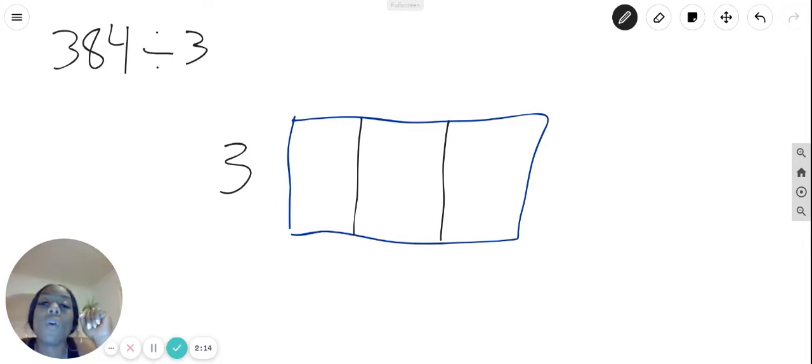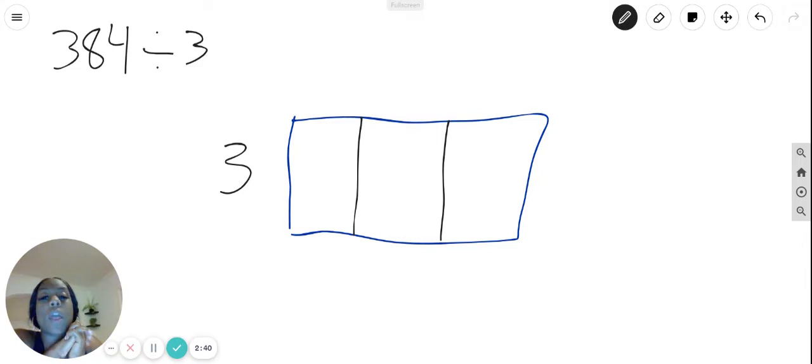Now, how can I get the answer to 384 divided by 3? So we've got the 3 evenly divided boxes. Now we need to dump in, quote unquote, let's just say 384 baseballs because we've been working on Brad's baseballs.